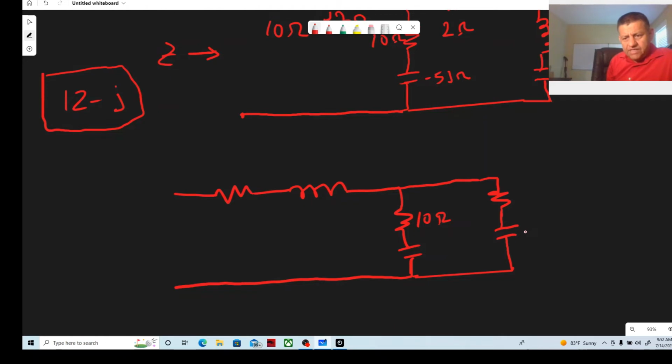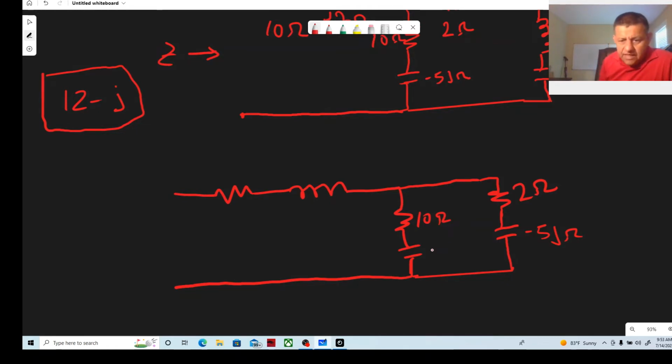So we have the value of this is negative 5J ohms, right? Because we added them together, and this is 2, right? I believe that is 2. Yep, that's 2 ohms. 2 ohms, right?